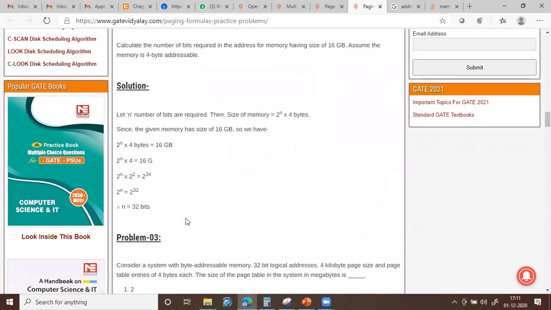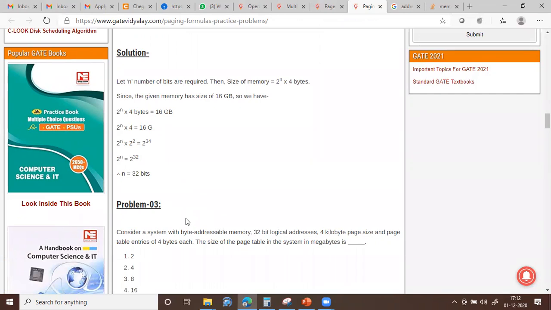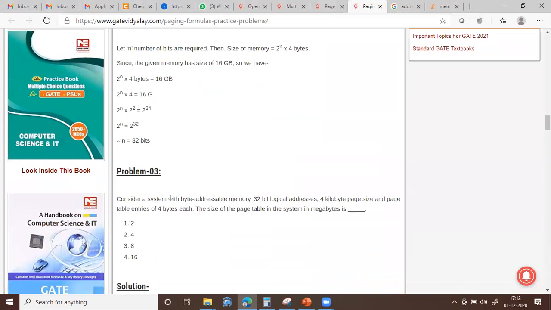Fine. Let us consider another problem. Consider a system with 4 byte addressable memory, that is, each location occupies 4 bytes, and a 32 bit logical address. The logical address contains 32 bits.